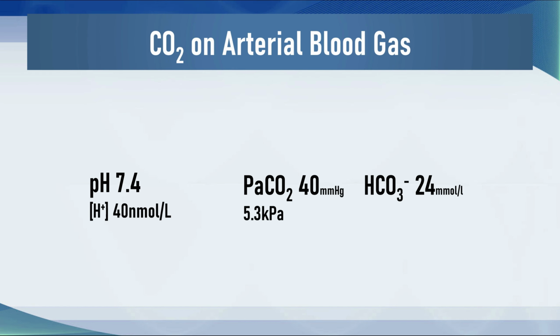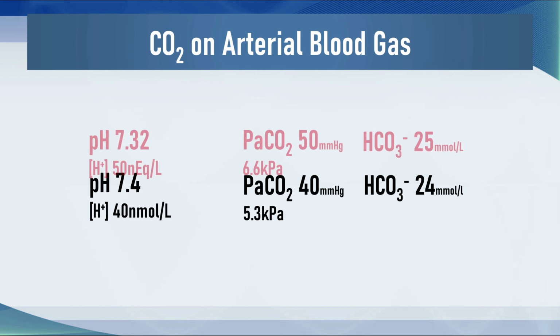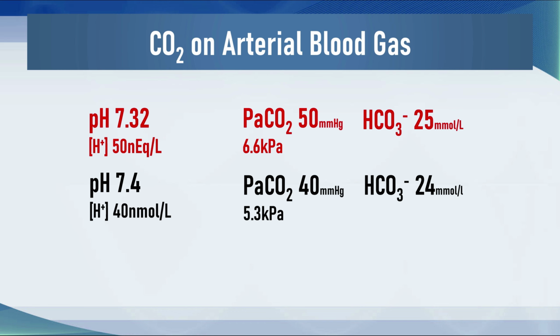There is a dynamic relationship between the level of acidity of blood, the pH or the hydrogen ion activity, the partial pressure of CO2, and the bicarbonate. If a patient hypoventilates, for example, due to opioids or anesthesia, the PaCO2 rises, in this situation from 40 millimeters of mercury to 50, or from 5.3 kilopascals to 6.6.